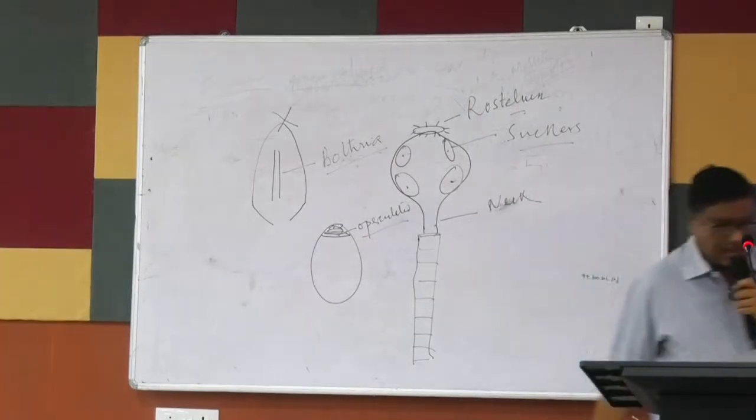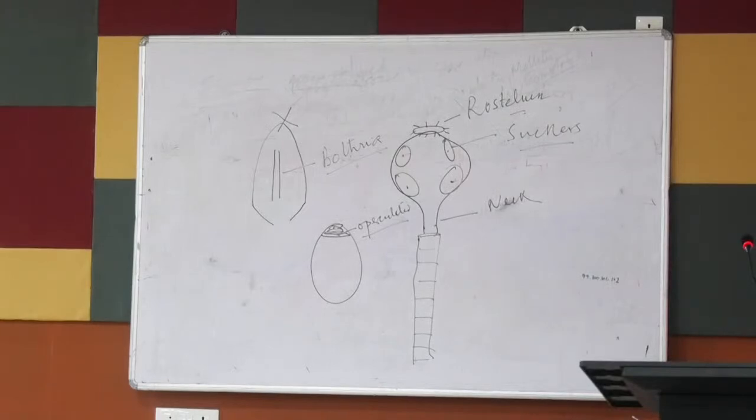This is classical of pseudophyllidean. And in case of cyclophyllidean, that is Taenia solium and saginata, there is no operculum. The operculated body is absent. Diphyllobothrium latum, although it is not important for you, is the fish tapeworm.